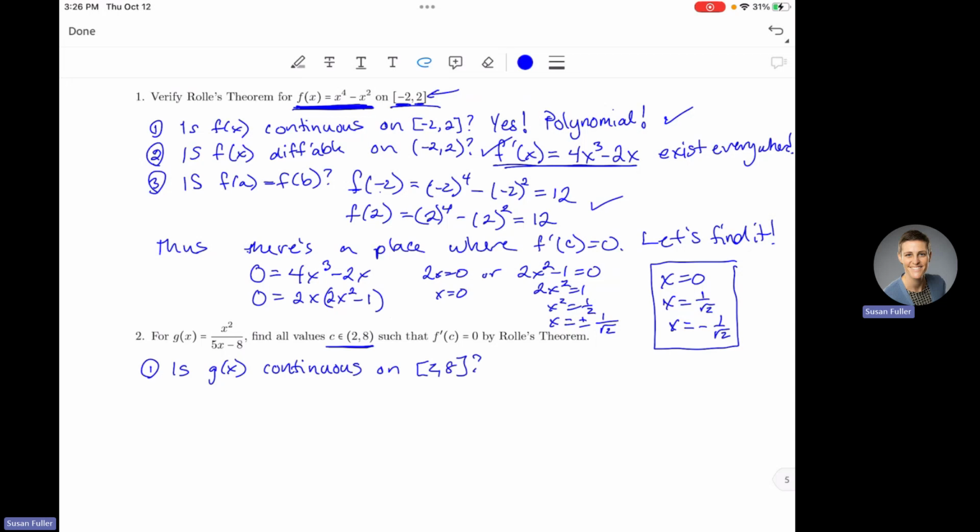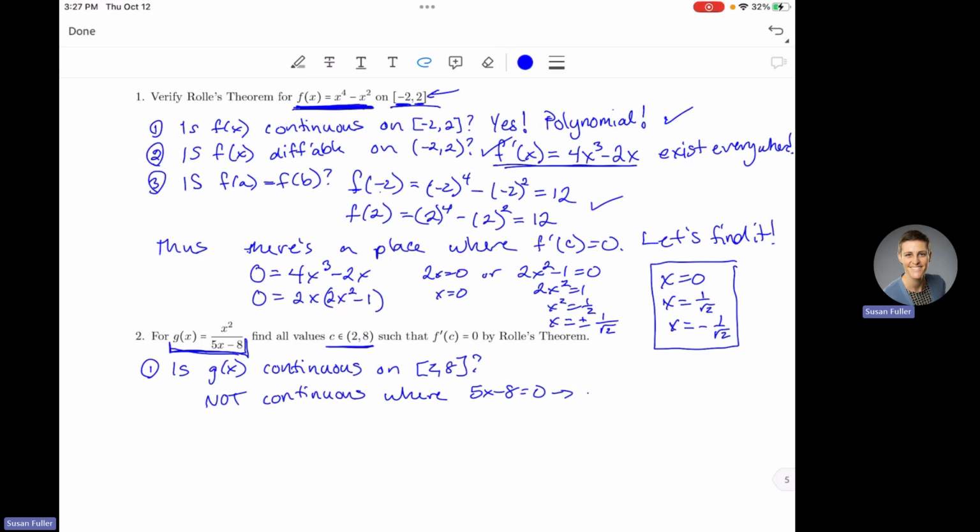Okay, well, gotta take a look at this function. And I'm looking for where this function is continuous. Well, because this is a rational function, I need to be careful. There's a place where this is not continuous. g of x is not continuous where my denominator is equal to 0. So this is not continuous where my denominator of 5x minus 8 is equal to 0.